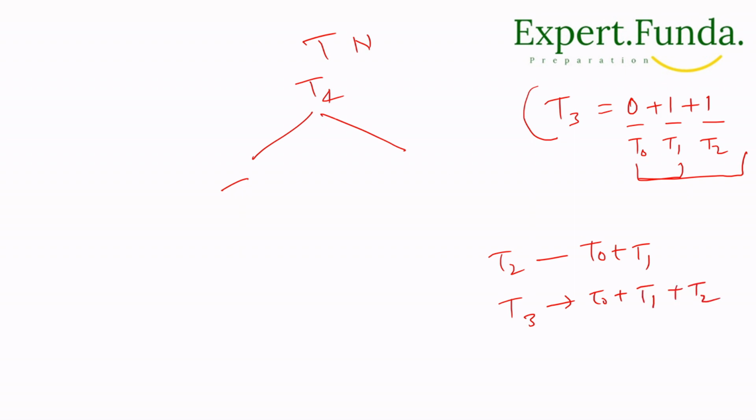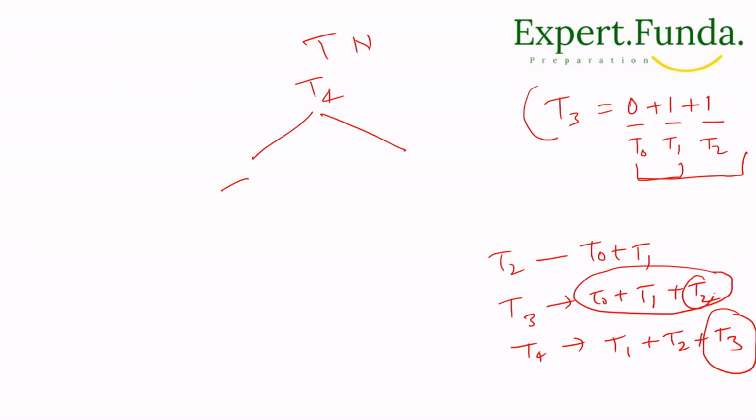Similarly, if we calculate T4, we can write it directly as T1, T2 and T3, correct? We can do that, but for this information we have to calculate this information, and for this information we have to calculate that information.